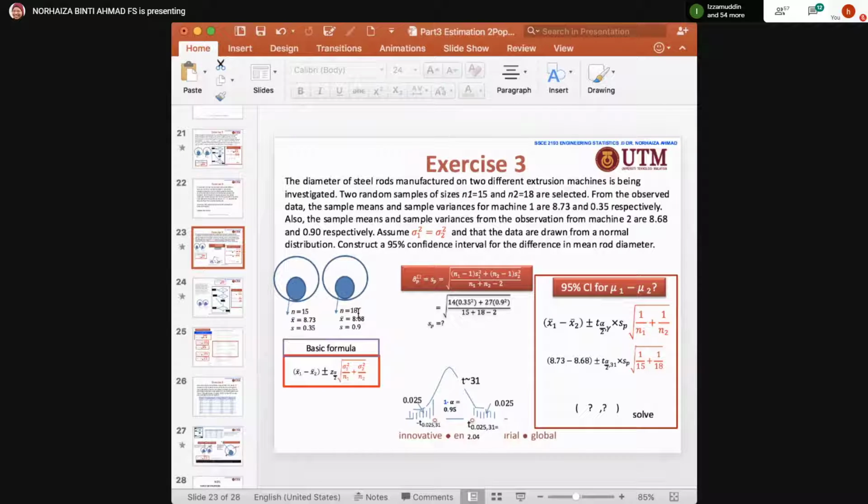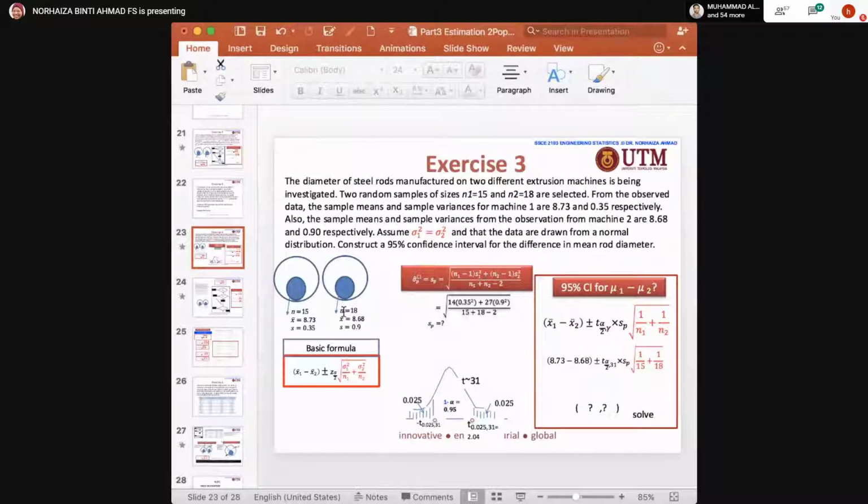Note that when you do an actual experiment, and if you have two populations that you want to measure, I don't think it's wise for you to do one sample size to be larger than the other, because you want to compare the two, so it has to be comparative. So here you've got 15 and 18, so it is quite comparative. 15 observations and 18 observations for your sample should be sufficient to make it comparable.